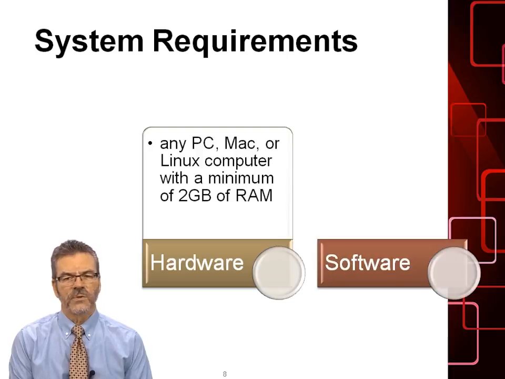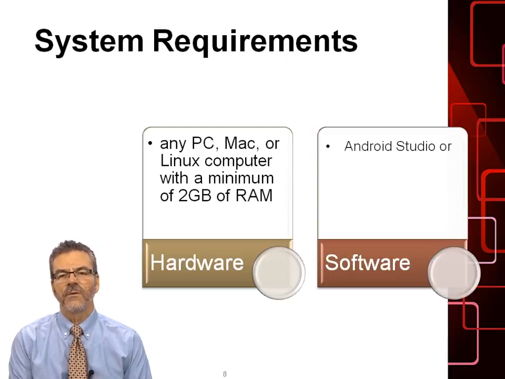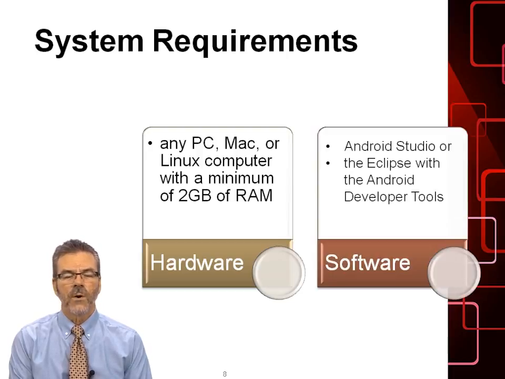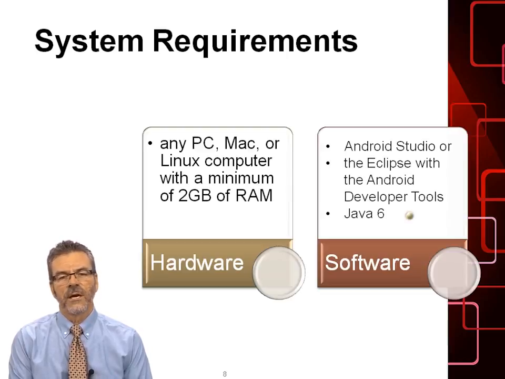From a software perspective, you'll need to install the Android Studio, or you can use Eclipse with the Android development tools, and I'll actually show you how to do that as we go through this course. You'll also need to have Java 6 installed on your machine, but I'm assuming you're a Java software developer and you already have Java installed on your system.